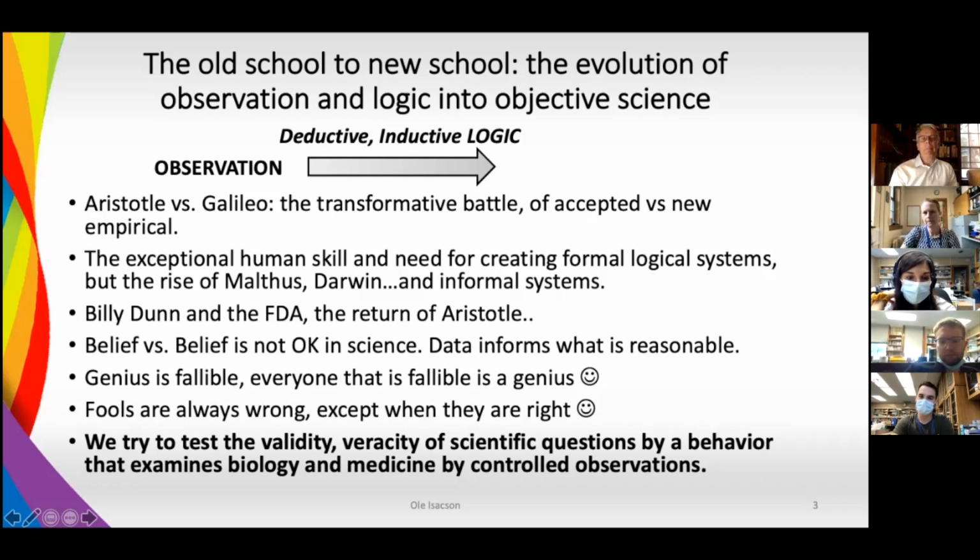And my favorite battle in this generation of new knowledge is Aristotle versus our favorite Italian, Galileo. Aristotle was really famous at his time because he was able to write up conclusive logical systems that explained everything.